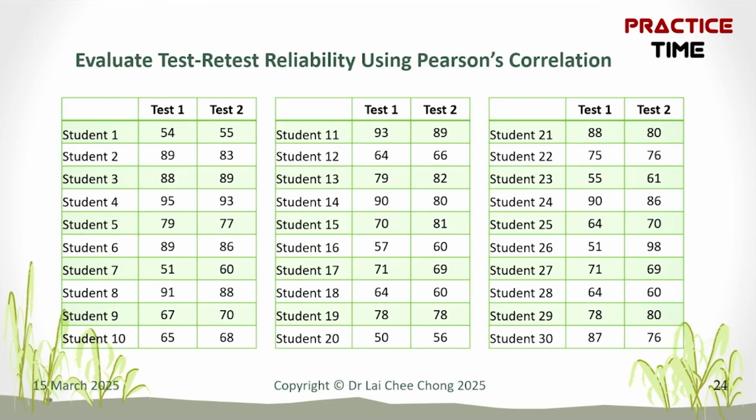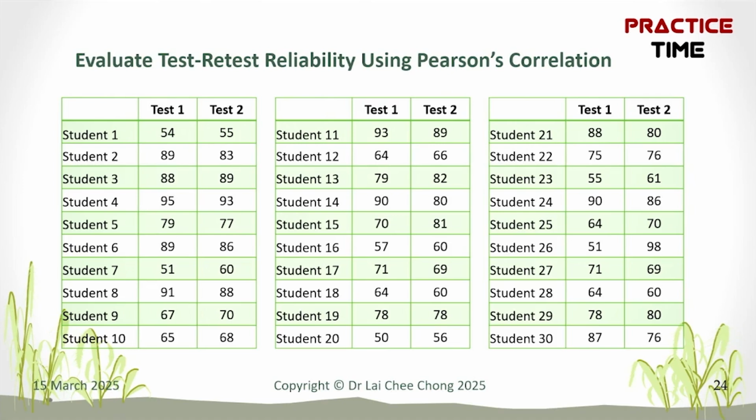When you give a test to students, how reliable is this test over time? I'm using the second test to establish whether or not my first test is reliable over time.